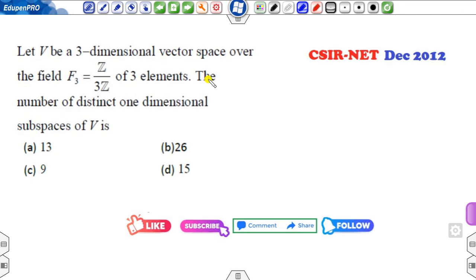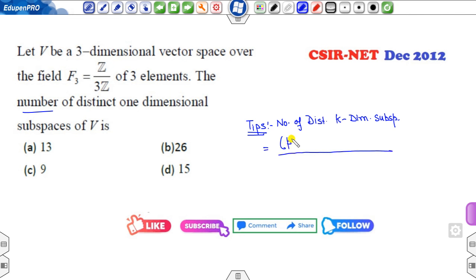V is a three-dimensional vector space. Okay. If you read this statement, firstly I will give the tips. The number of distinct k-dimensional subspaces. I will give you the general formula and then I will tell you how you can solve it.